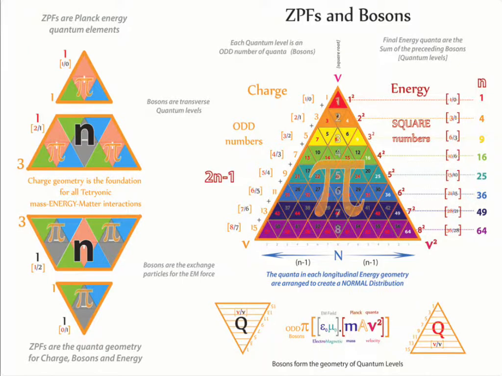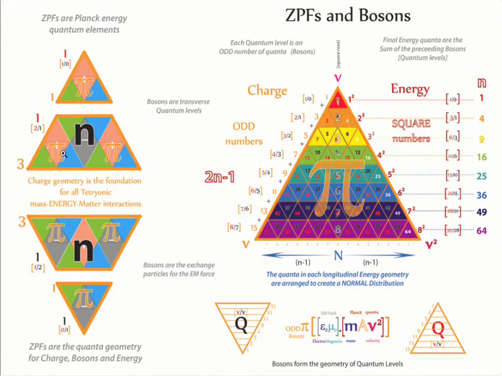These squared energy levels are formed through bosons interacting via the weak force, as illustrated on the left hand side of this page. All bosons are odd numbered energy quanta.